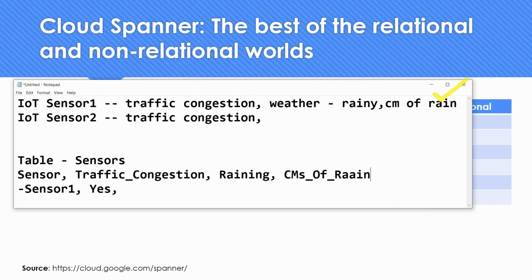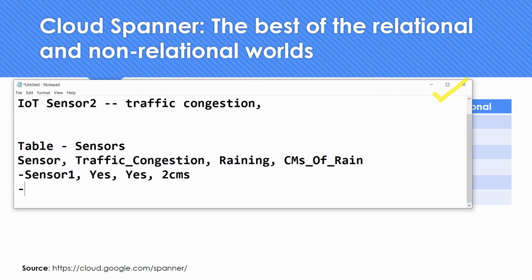If you have something like this, raining is around 2 centimeters of rain. This is from sensor 1, and sensor 2 is going to send traffic congestion, yes, but these are going to be empty because that's a place where even rain will occur very rarely.